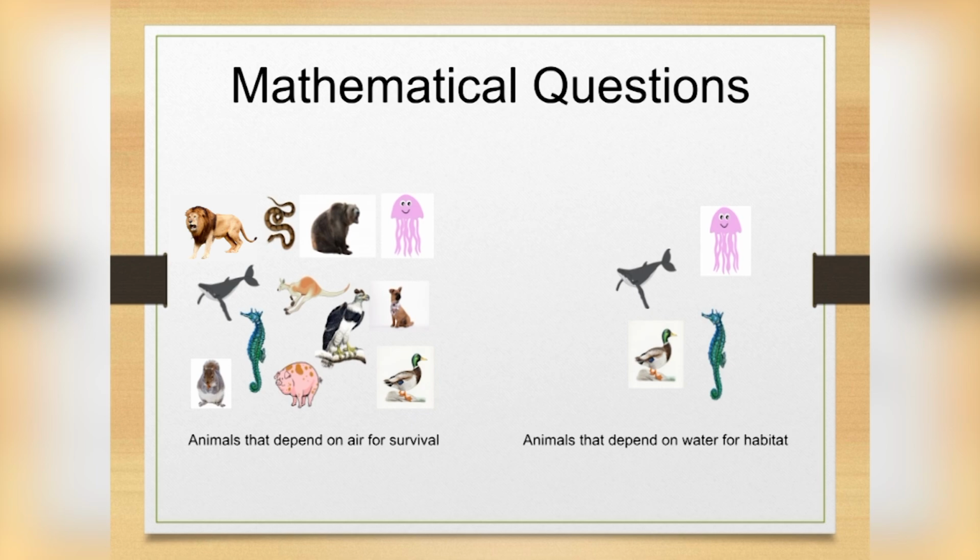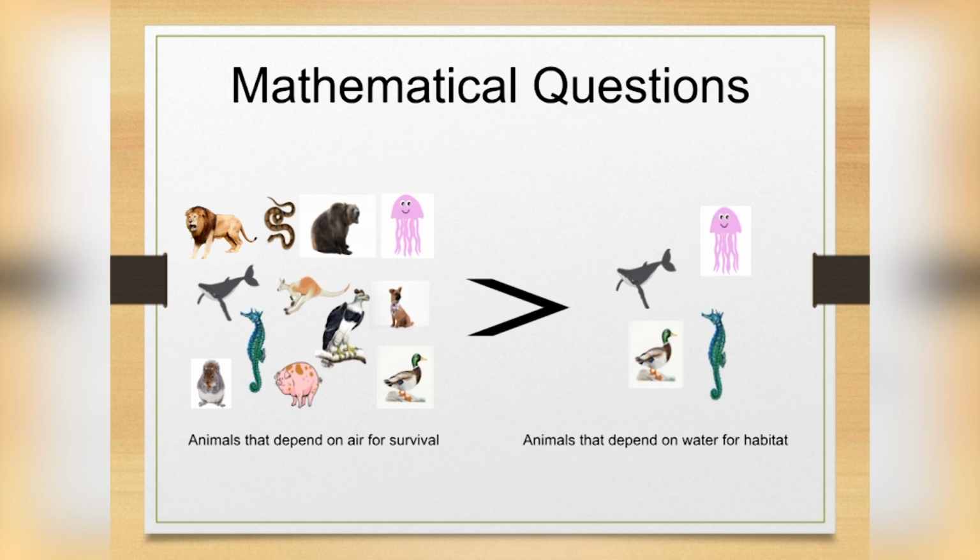Okay, so we said that 12 animals depend on air for survival, and 4 animals depend on water for habitat. Now, children, would this be less than, greater than, or equal to? Excellent job.